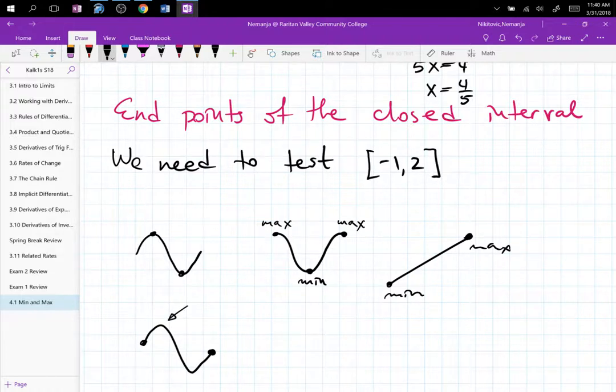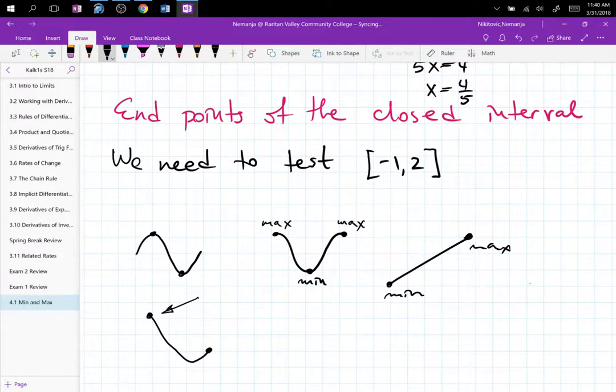You can have the situation like this. There is your absolute max and there is your relative max. Both of those are max values. But you can have this. There's your absolute max now at the endpoint. So what we want to do is test the endpoints.